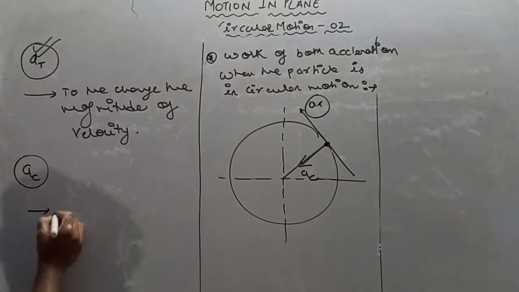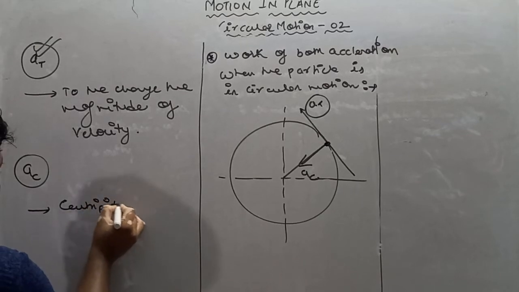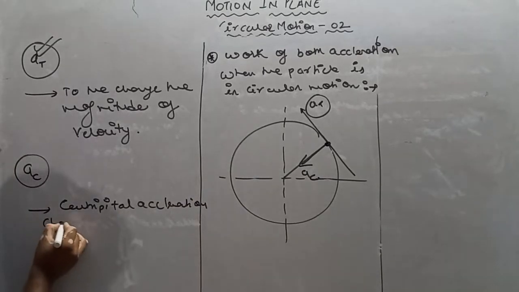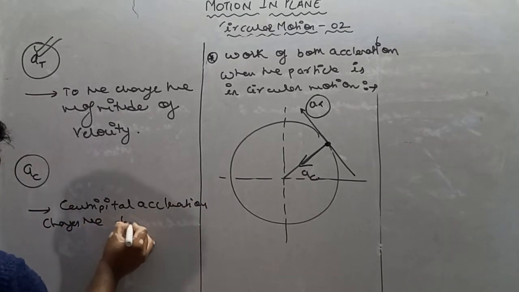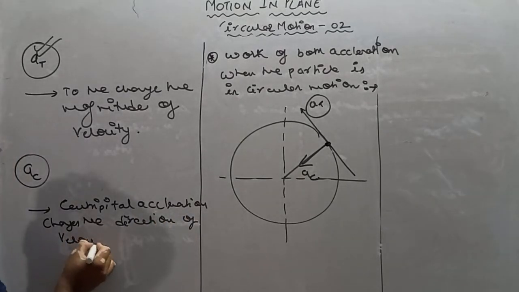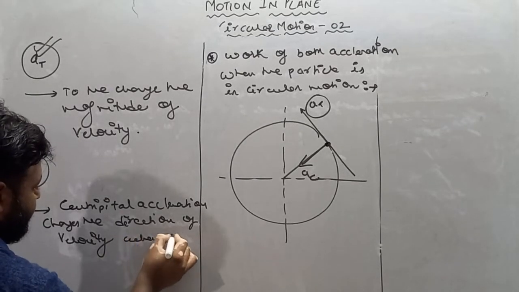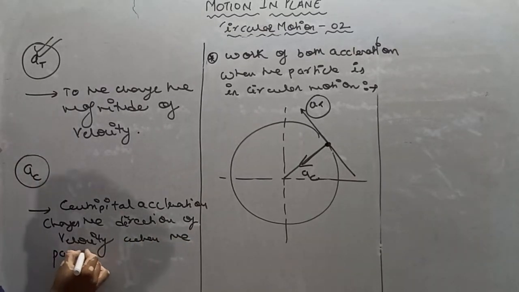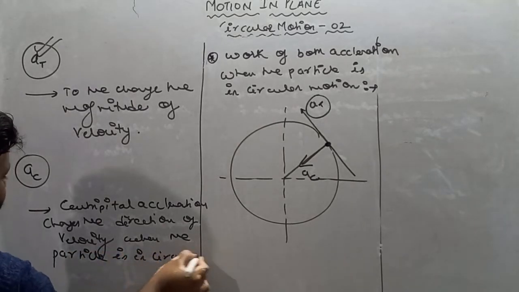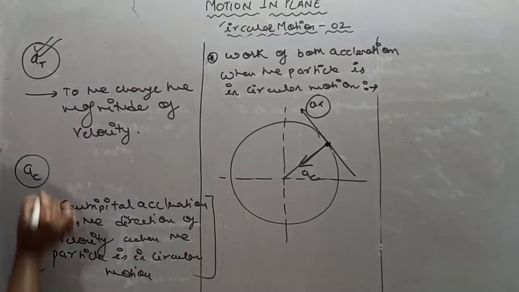So I'll write here: centripetal acceleration changes the direction of velocity when the particle is in circular motion.